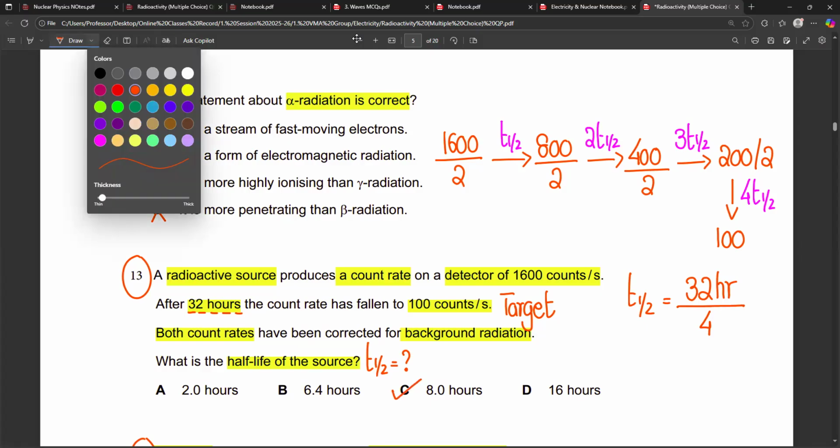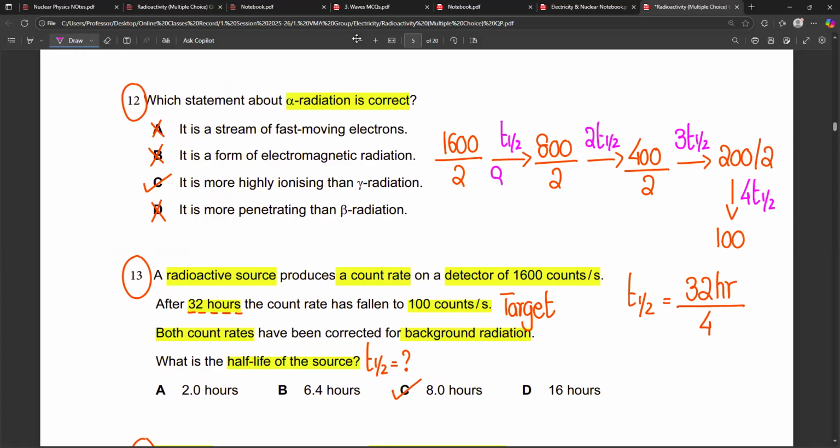So basically every half-life takes 8 hours, like this. So after every 8 hours, the element decays to half of its original value. So this is another pattern of the question related to half-life, right?